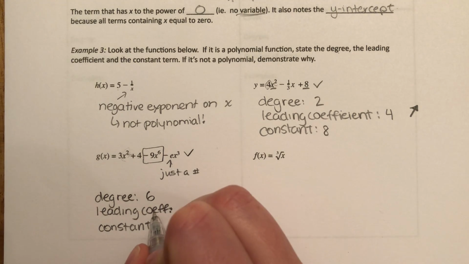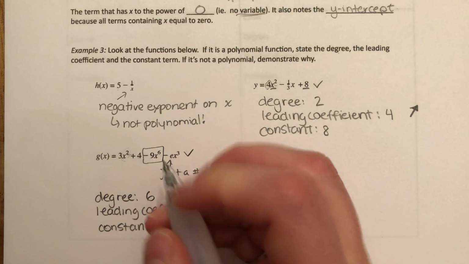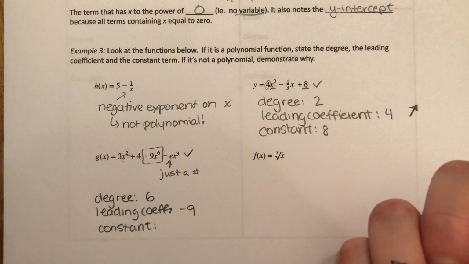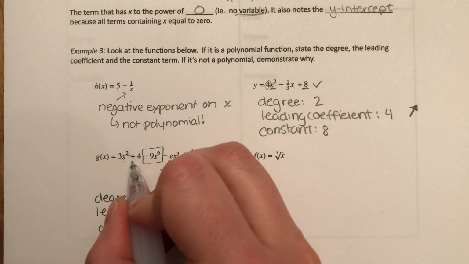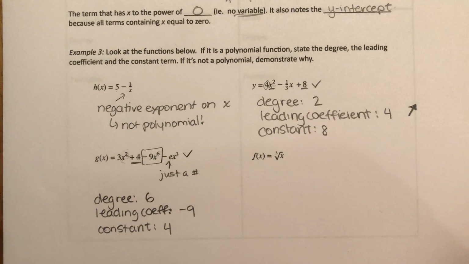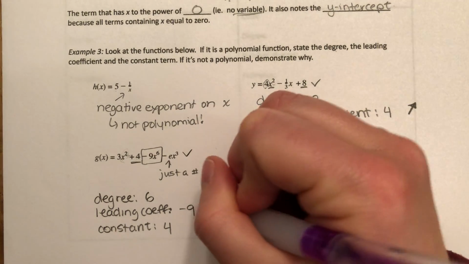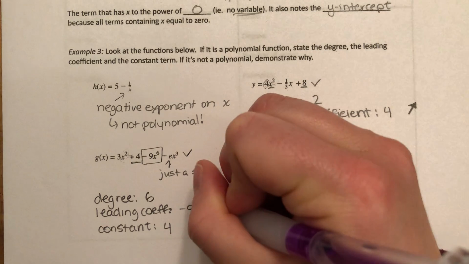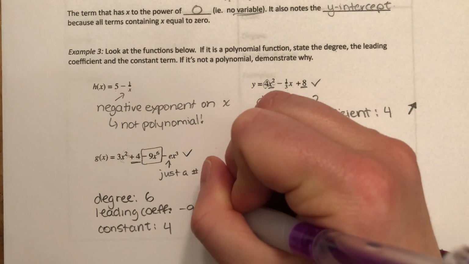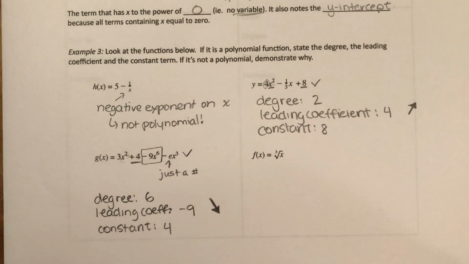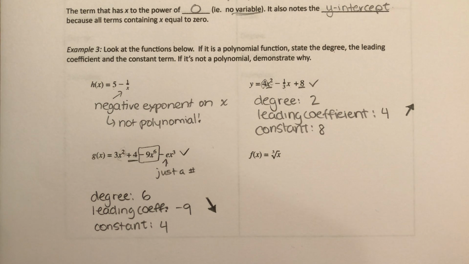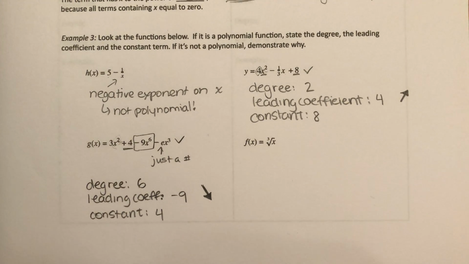Then my leading coefficient is the one attached to that x to the 6, so it's going to be a negative 9. And then the constant is that positive 4. The fact that we've got a leading coefficient that's negative this time means that as the graph goes all the way to the right, it's going to go down to the right. I'll show you what that means graphically in a second.